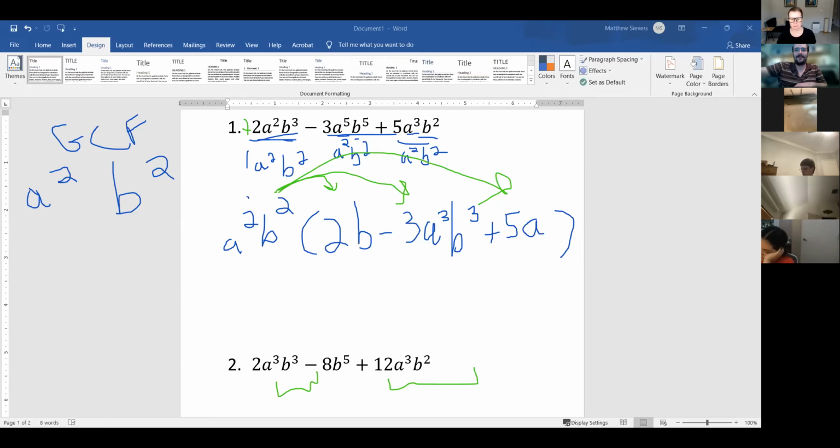Maybe if you try to group this one twice or something crazy, but that's not factor by grouping. It's going to be complicated. Grouping works with 4 terms. We're only getting 3 terms here, so we're just doing GCFs.